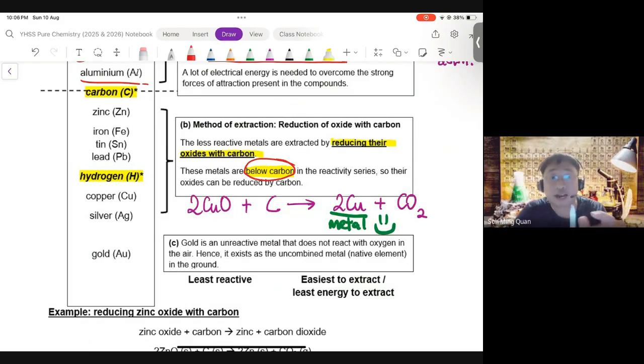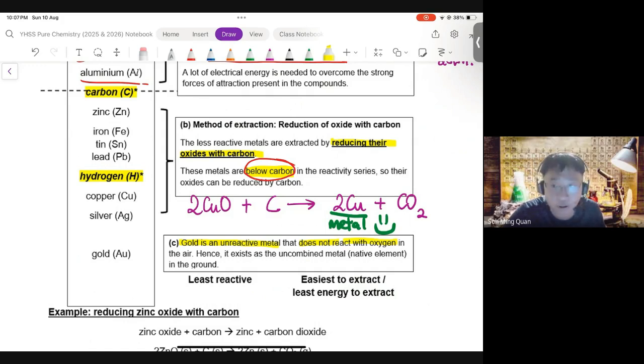Now finally, we have one last member of the reactivity series right at the bottom, gold. Gold is right at the bottom of the reactivity series. This means that gold is the least reactive metal of them all. Gold is so unreactive that it literally doesn't even react with oxygen in the air. If it doesn't react with oxygen, it doesn't form oxides.